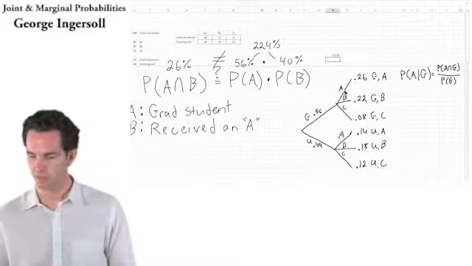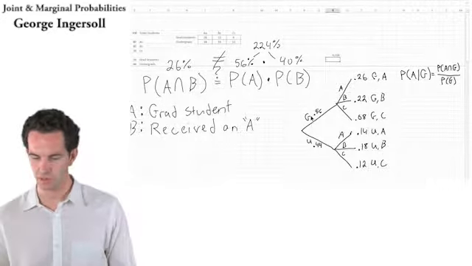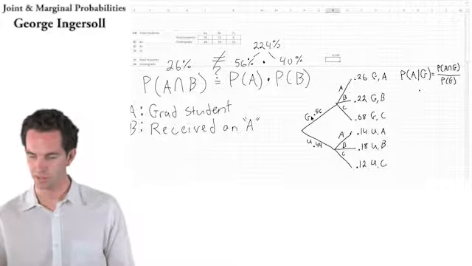Well, this is going to be equal to the intersection, which is 0.26, over G, which is 0.56. So it's going to be 0.26 over 0.56.